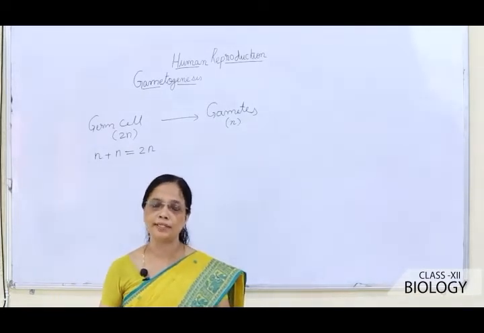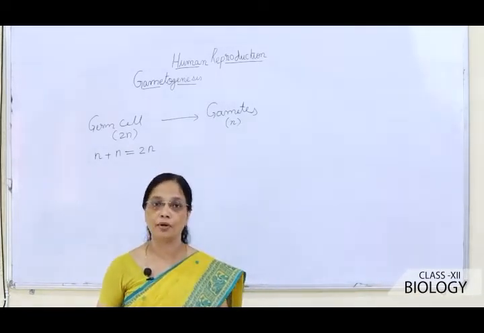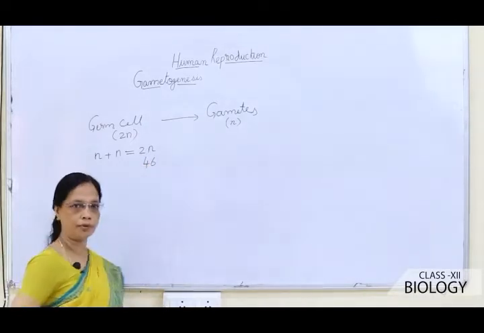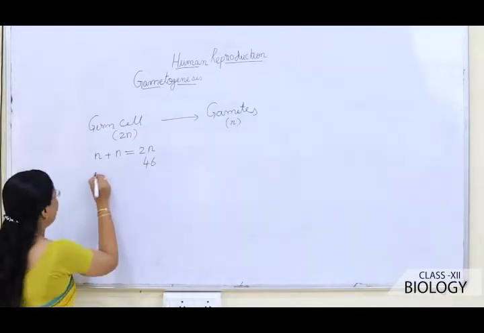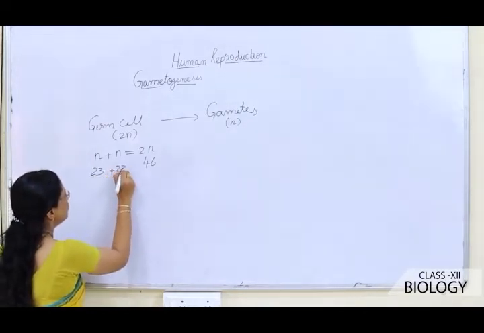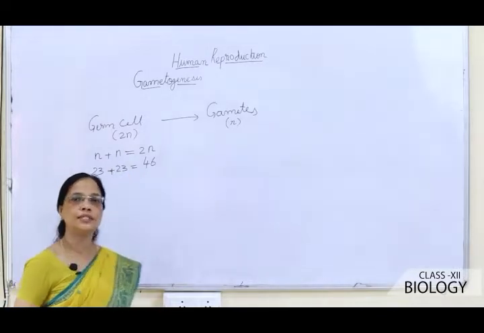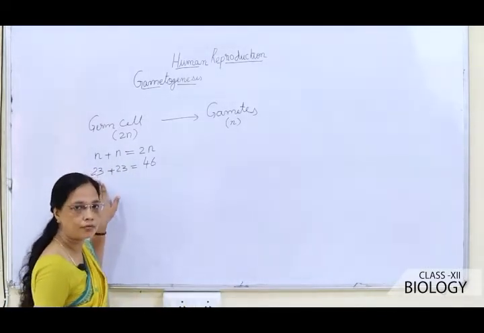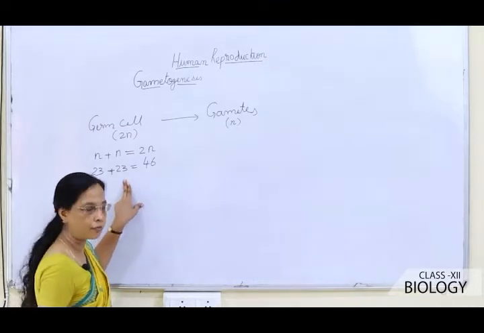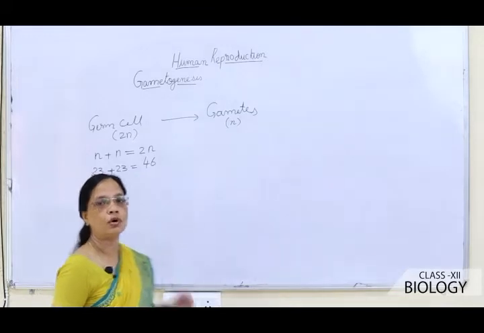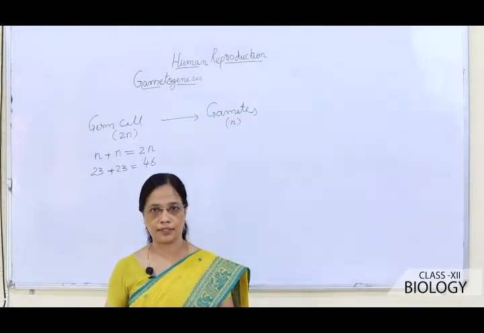Human beings have 46 chromosomes, so the diploid set has 46 chromosomes. The haploid set, that is 23 plus 23, gives rise to 46 chromosomes. So one set of chromosomes joins with another to form two sets of chromosomes, so we call it a diploid set.